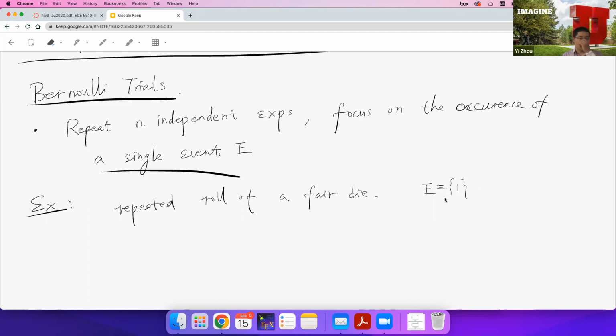We roll a die repeatedly, and we care about event E equals 1, which means we see a 1 as the outcome in a single experiment. Apparently P(E) is 1/6. For the rest of the probability, we have 5/6.